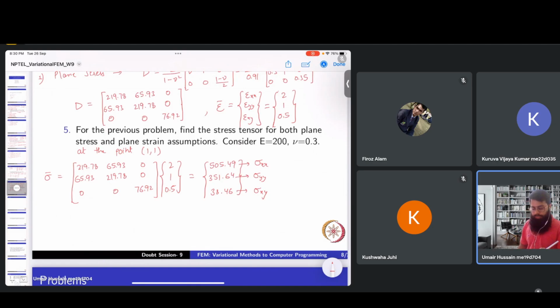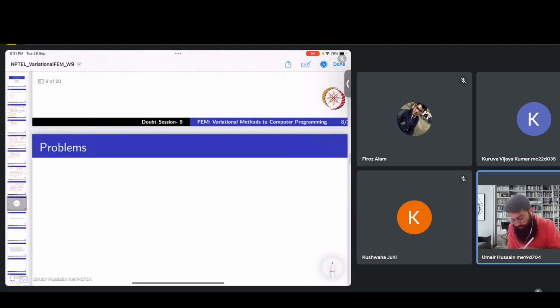So this is the stress value for plane stress condition. Now what about plane strain? What is the formula for D now?